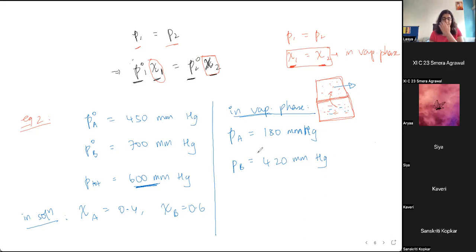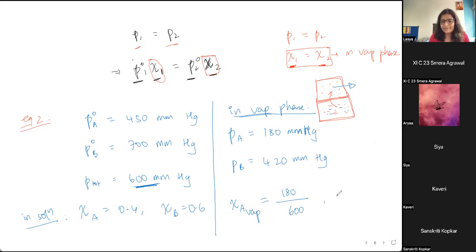So from this information, can you figure out what is the mole fraction of A in gas phase, in the vapor phase? Would it be like 180 upon 180 plus 420? There you go. That's exactly it. So 180 upon 600.